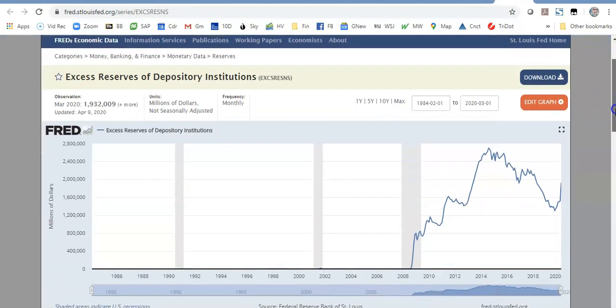So if you look at this, excess reserves of depository institutions, i.e., how much excess reserves are in the banking system. Look at the scale of what happened after the recession: it just ballooned from looks like nothing. Right before, it was at like 1.8 billion dollars.